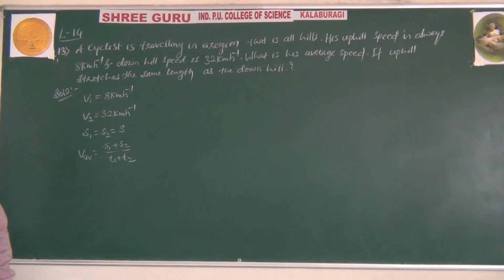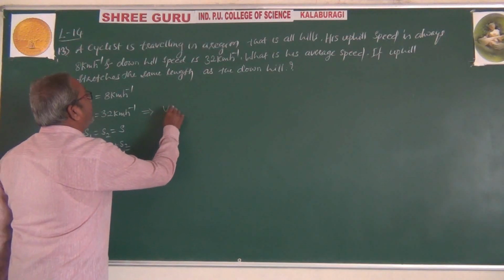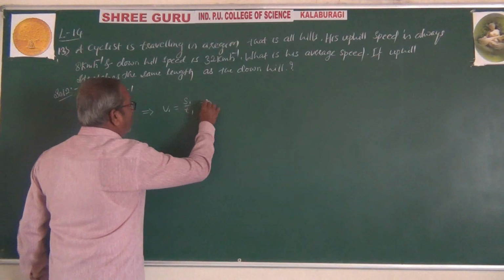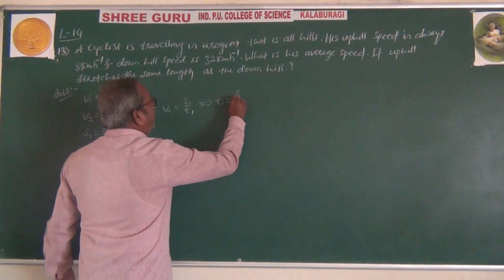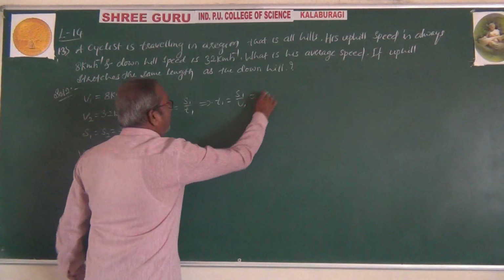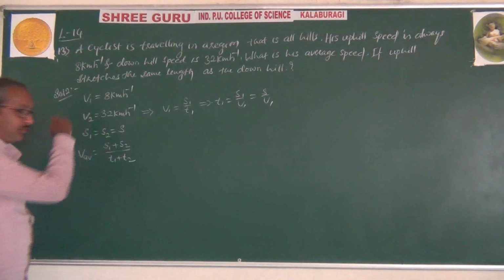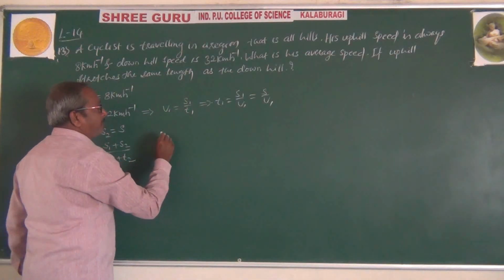One more thing: velocity V1 equal to S1 by T1, so T1 equal to S1 by V1. Here S1 equal to S2 equal to S. Otherwise keep it as this.